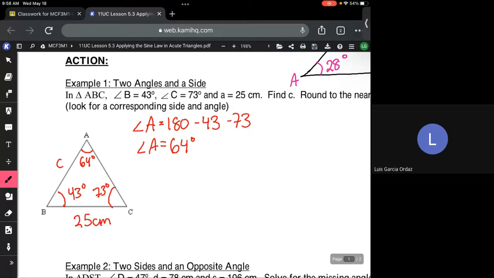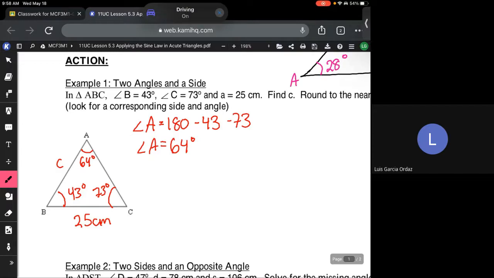So when you're using the sine law, you guys notice how there's like three of them: A over sine A, B over sine B, and C over sine C. Technically, all you really need is two of them. One has to be completed with the side and the angle, and the other one just has to have the side or the angle. So because we're finding the sides in this case, I'm going to start with my lowercase at the top and then the sine at the bottom.